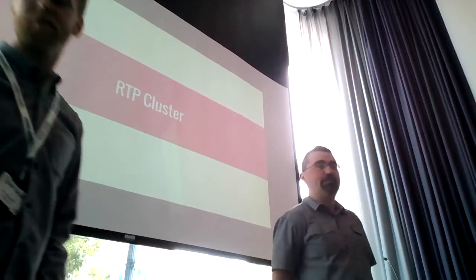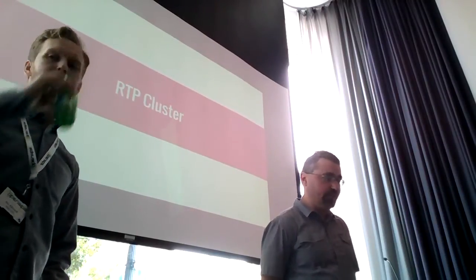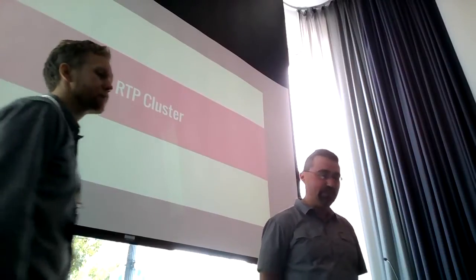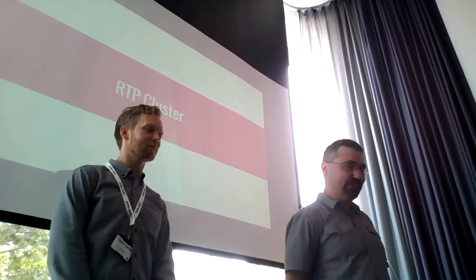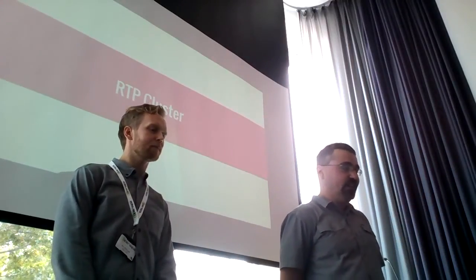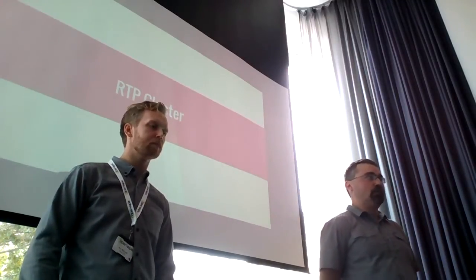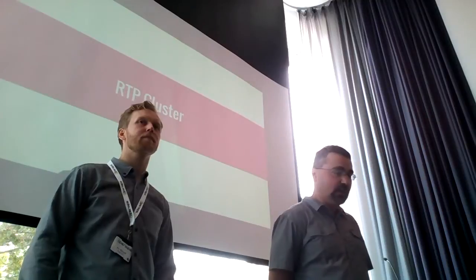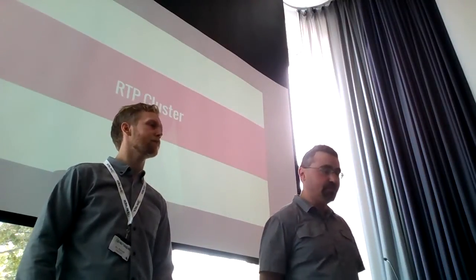Okay, so we talked a little bit about RTPProxy history. Now, quite a new thing that we made a few years ago, but we kept it pretty secret from you guys, and we wanted to have a little bit more exposure there. It started with that original code and original idea of how we could scale up RTPProxy back in 2005, 2006.